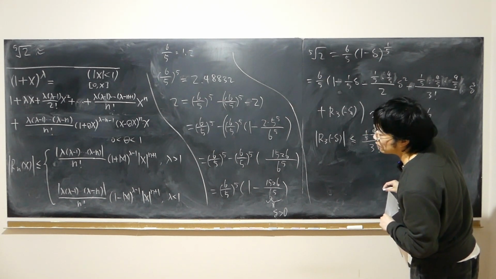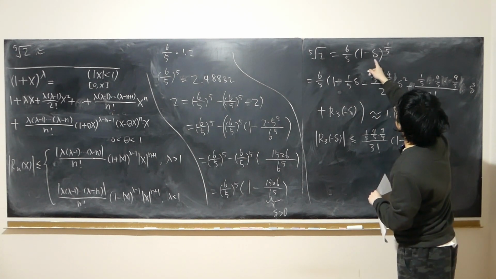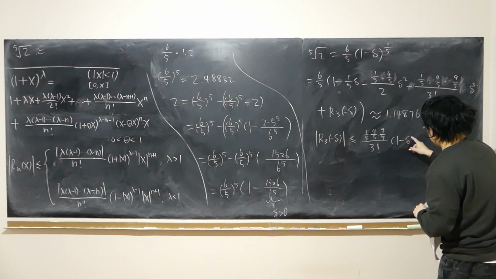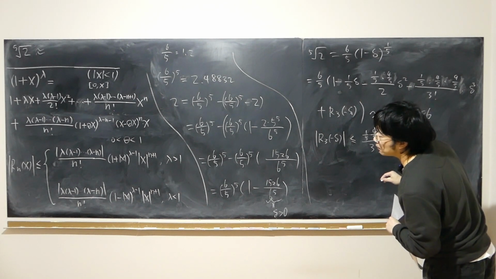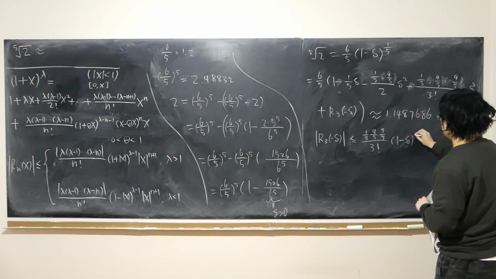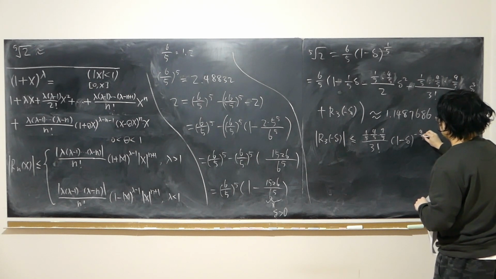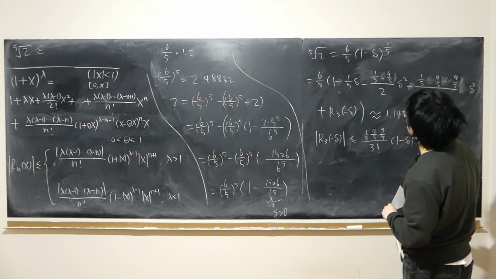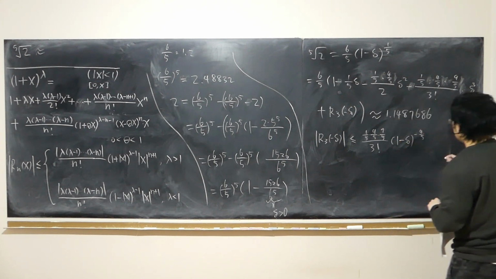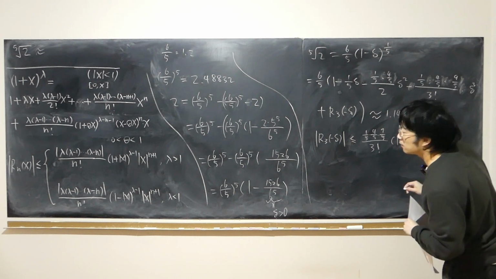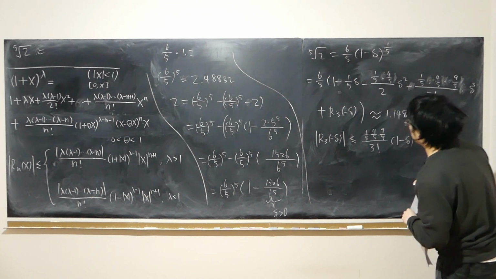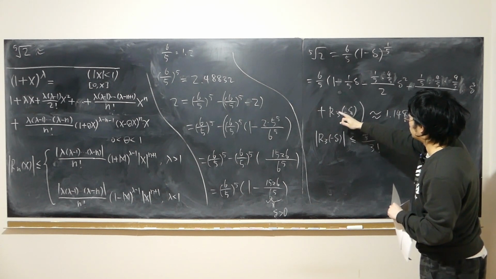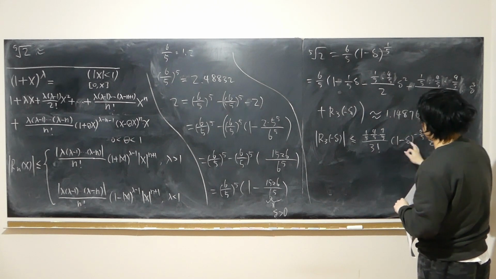Multiply by 1 minus x absolute value. What's the x? This absolute value, so minus lambda, minus delta, positive. So power of lambda minus 1, so minus 4 over 5. Multiplied by delta absolute value to the power of n plus 1, 3 plus 1, that's power of 4. So this Cauchy remainder absolute value is no larger than this.